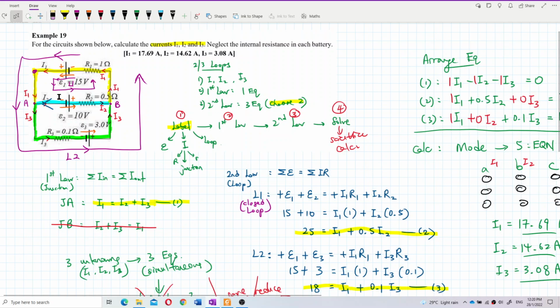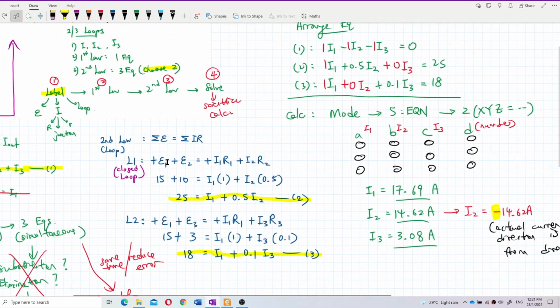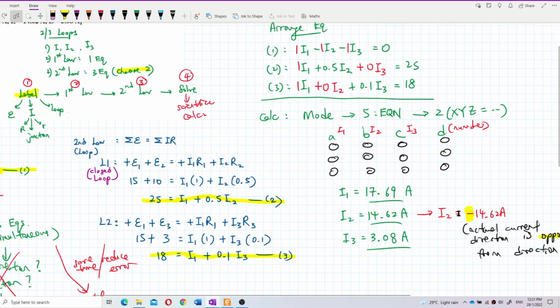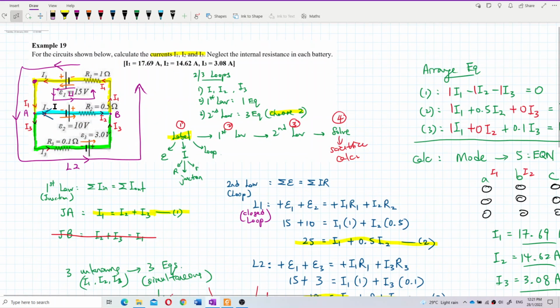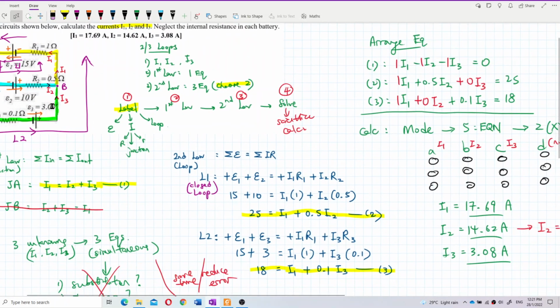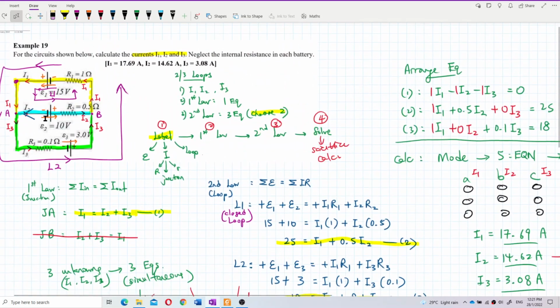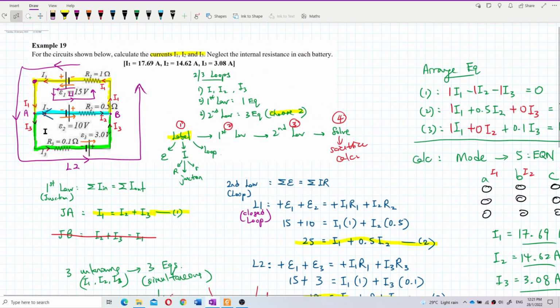What you draw, you must maintain, because your negative current is based on what you draw. Don't act clever, rub it off, and draw the correct direction to the right.